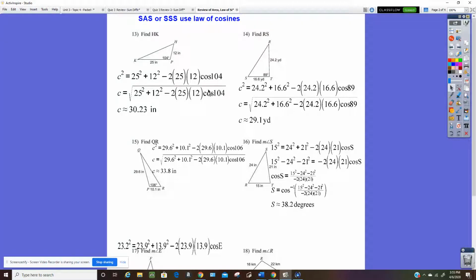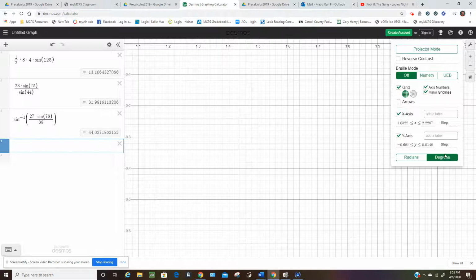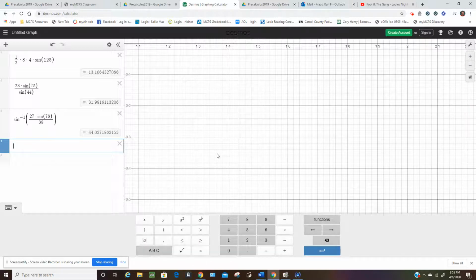So let me demonstrate that. The square root of 25 squared plus 12 squared minus 2 times 25 times 12 cosine 104. So let me go to the Desmos calculator to demonstrate how to do that. So I pick up a blank spot, and once again, make sure I'm in degree mode. And then I wanted to get the square root.